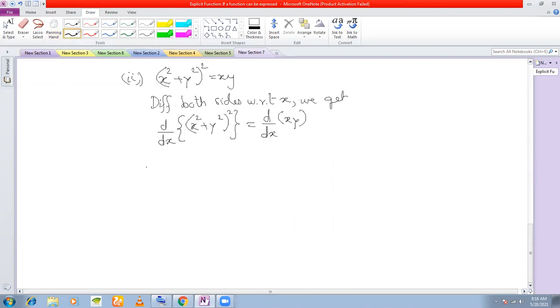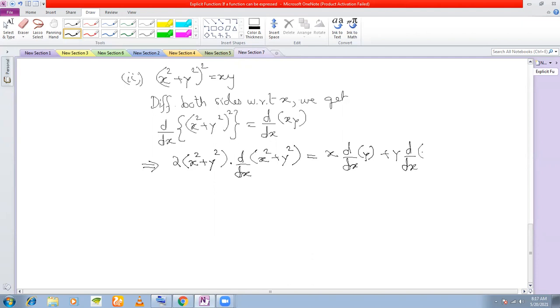Okay. So here, first of all, I will differentiate the power. n x to the power of n minus 1. So x square plus y square to the power of 2 minus 1. Okay. Into the ddx of whatever is within the power. Right. And this you differentiate by u into v rule. You have x ddx of y plus y ddx of x.